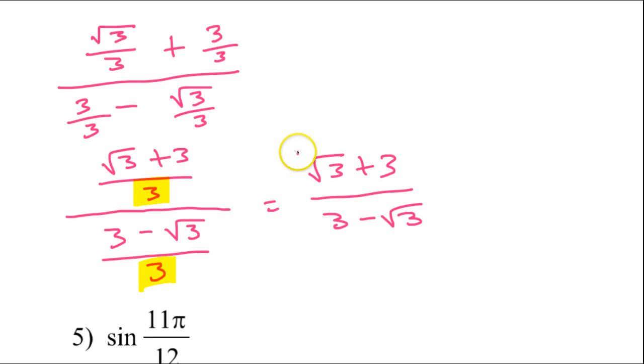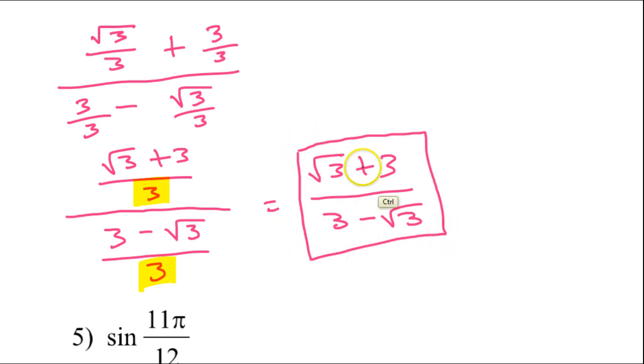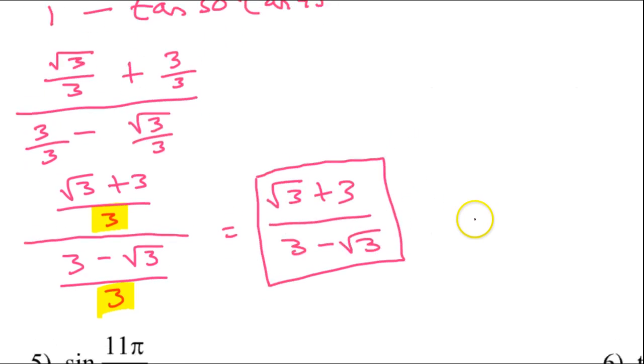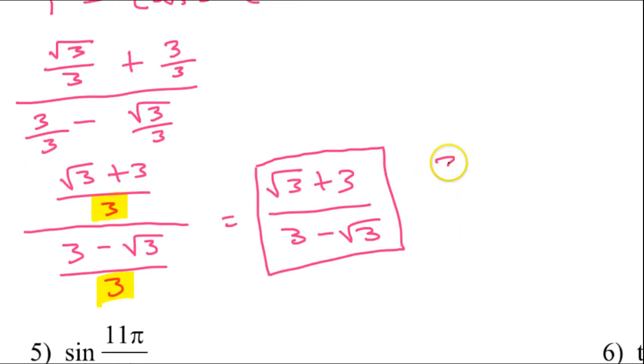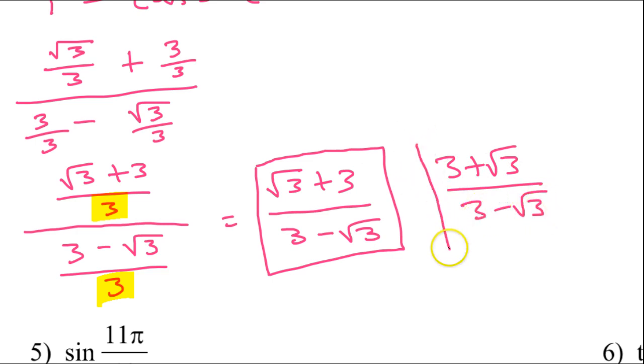Okay, so that is the final answer. You're probably more likely to see this written as 3 plus radical 3 over 3 minus radical 3. This is more common.